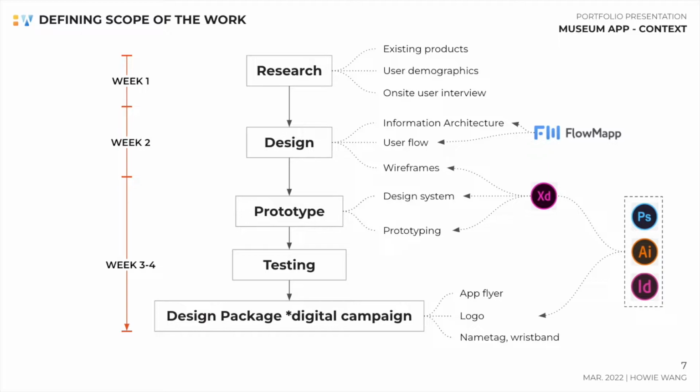And then goes to the next design phase. It's pretty standard, from information architecture and then user flow and wireframes. Prototype and testing and design package are the final things I need to focus on.